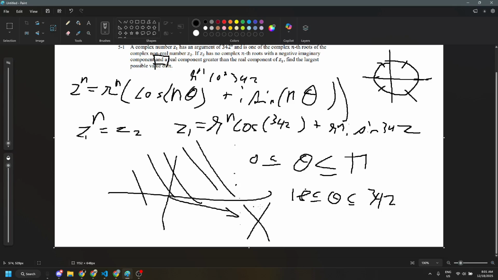So we just can't have anything here. So theta is not in... it'd just be from negative 18 to 0.